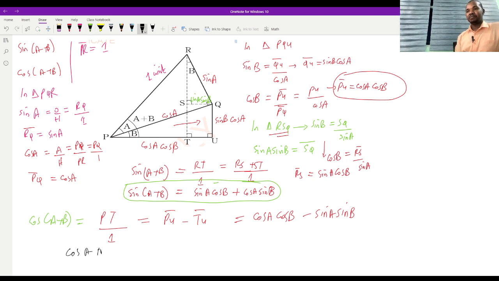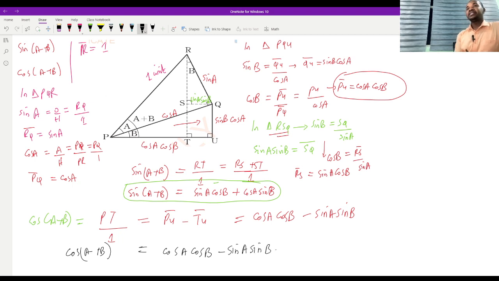Cosine A plus B is equal to cosine A cosine B minus sine A sine B.